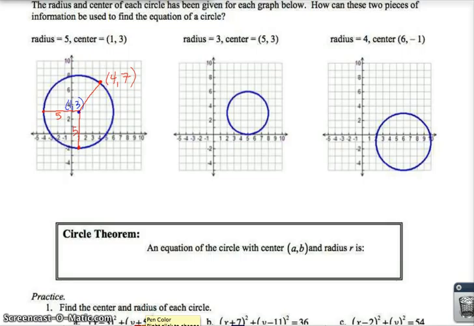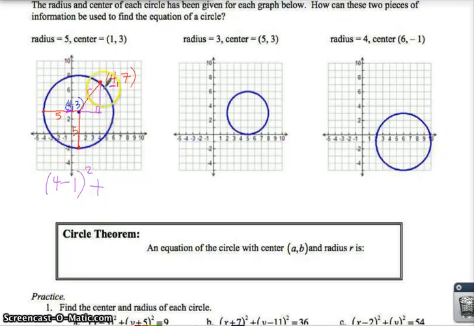Well, if we wanted to check this distance right here, we could create a right triangle and then just check using the Pythagorean theorem. What would you do? Well, because we have a grid, we can just count 1, 2, 3 units, but mathematically, we can take this 4 and subtract the x-coordinate of 1 from it and square it.